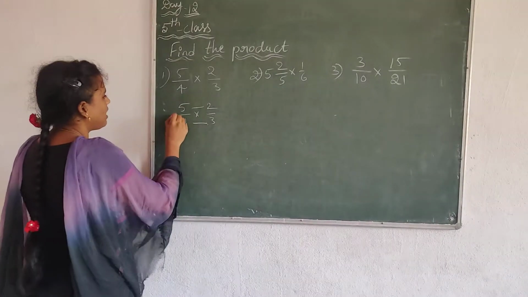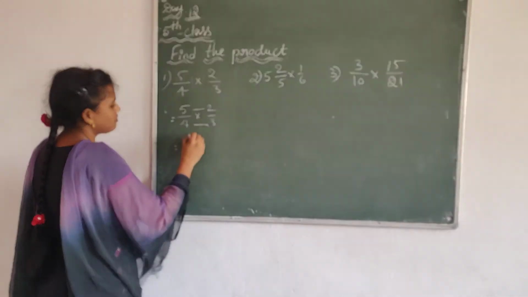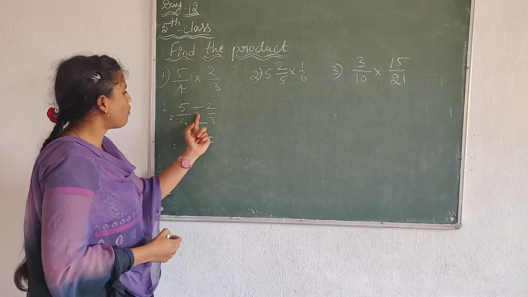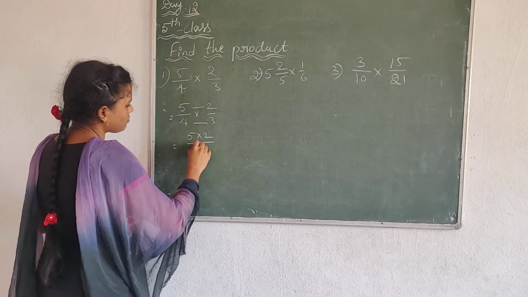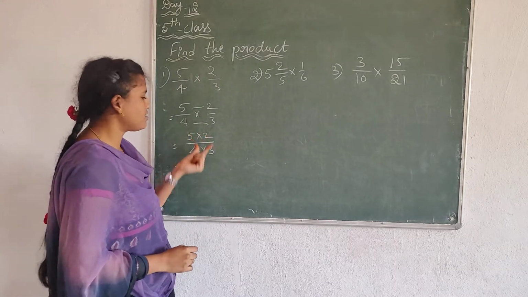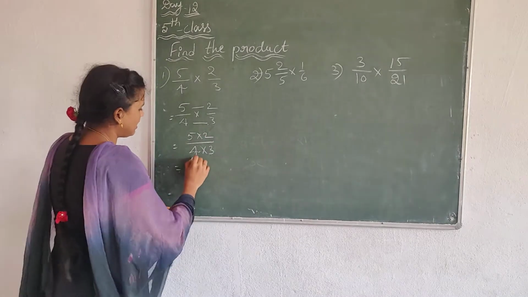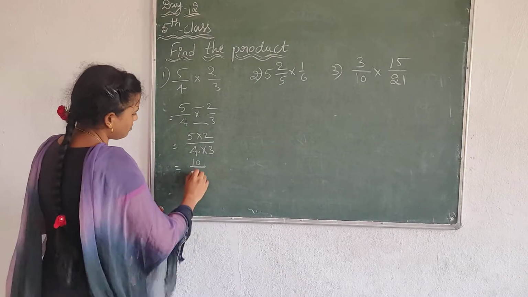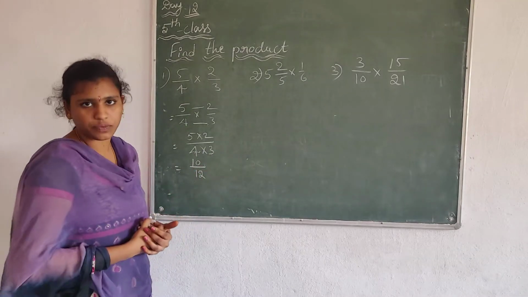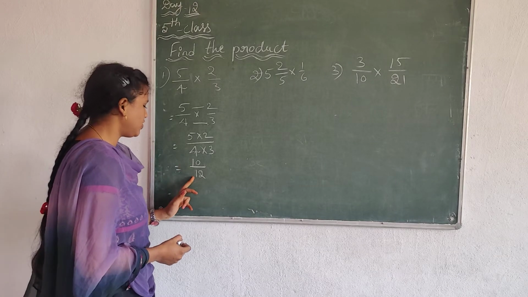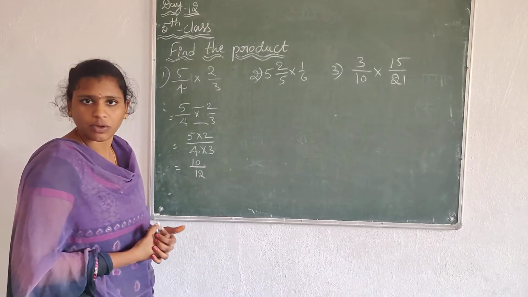Multiply both numerators, that is 5 into 2 by 4 into 3. 5 2s is how much? 10. By 4 3s is how much? 4 3s is 12. Here we have 10 by 12 as the answer, right?